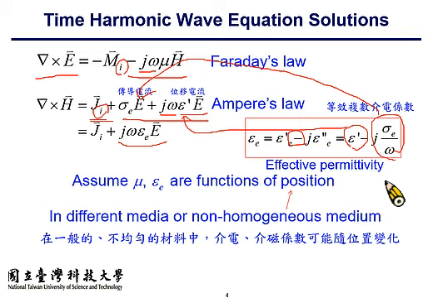Okay, so be careful about the definition of effective permittivity. It can be separated into real part and imaginary part. The real part is actually the displacement current, and it does not dissipate EM energy, while the imaginary part, which is represented by the conduction current, does dissipate EM energy.